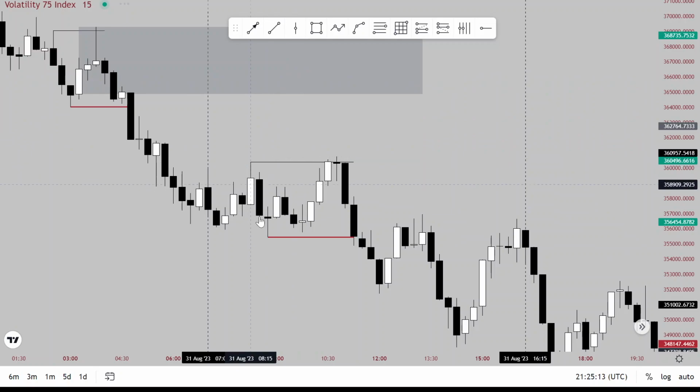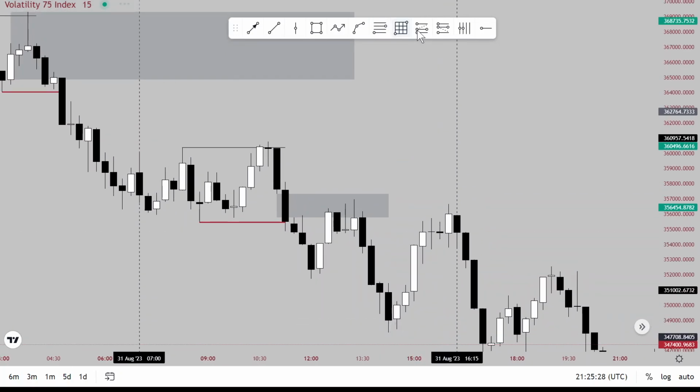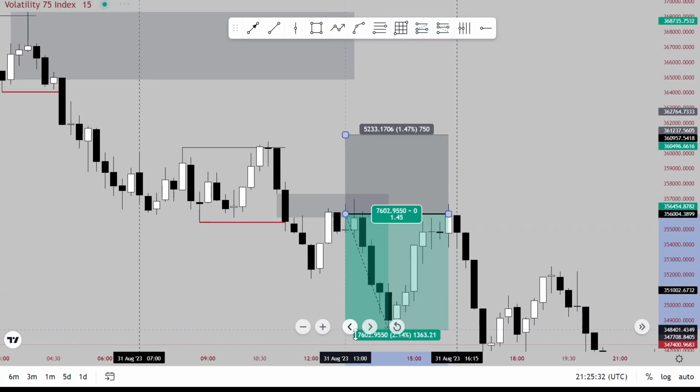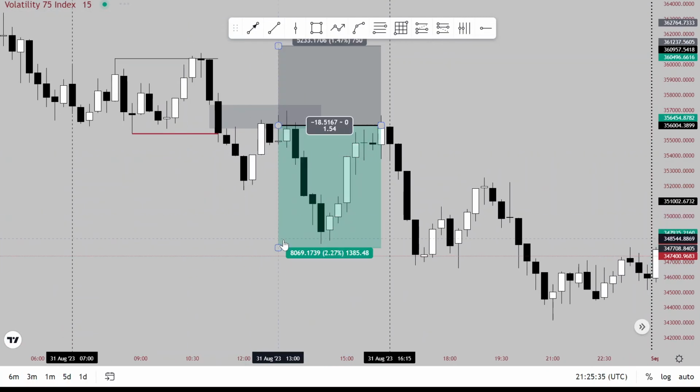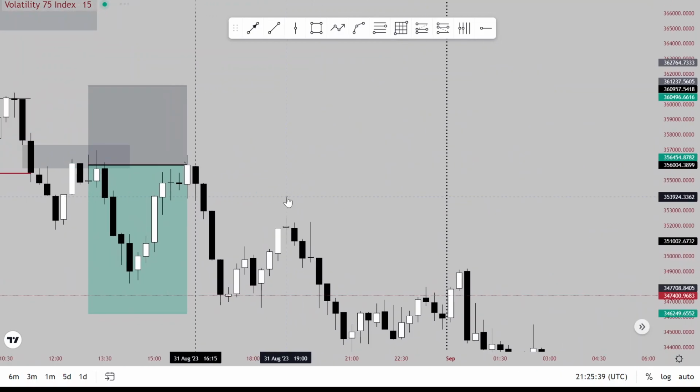So once it has manipulated and broken down one more time, then you can look for entries from fair value gaps, from order blocks, from breaker blocks, whatever you want to enter from. And since the time is still between 7 to 4, the entry is still valid for us to take. So this would have been your entry, targeting 2R, and you are done. Okay, target 2R and you are done.